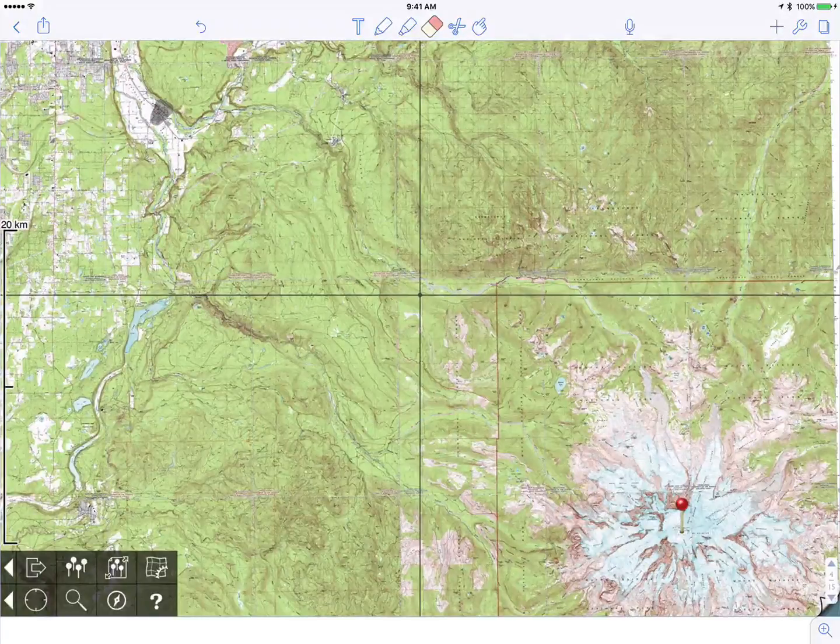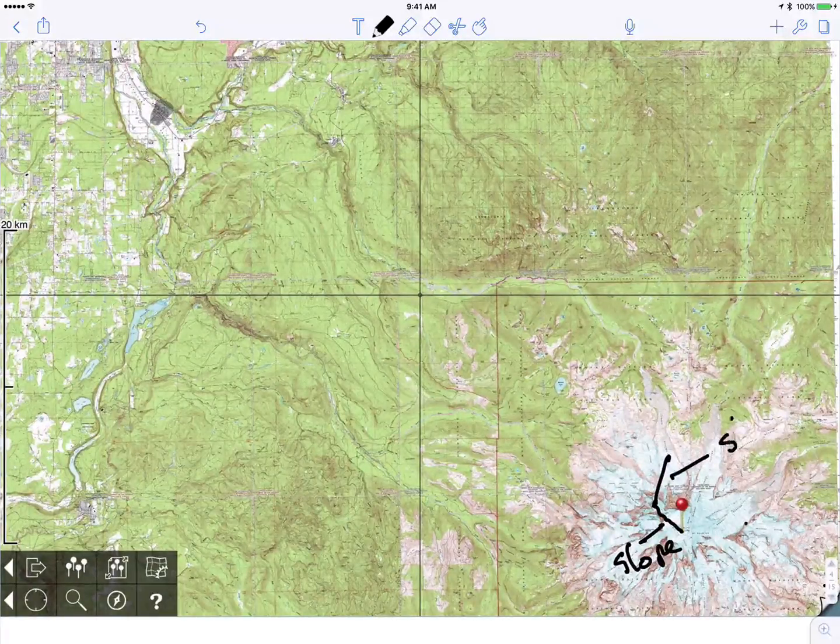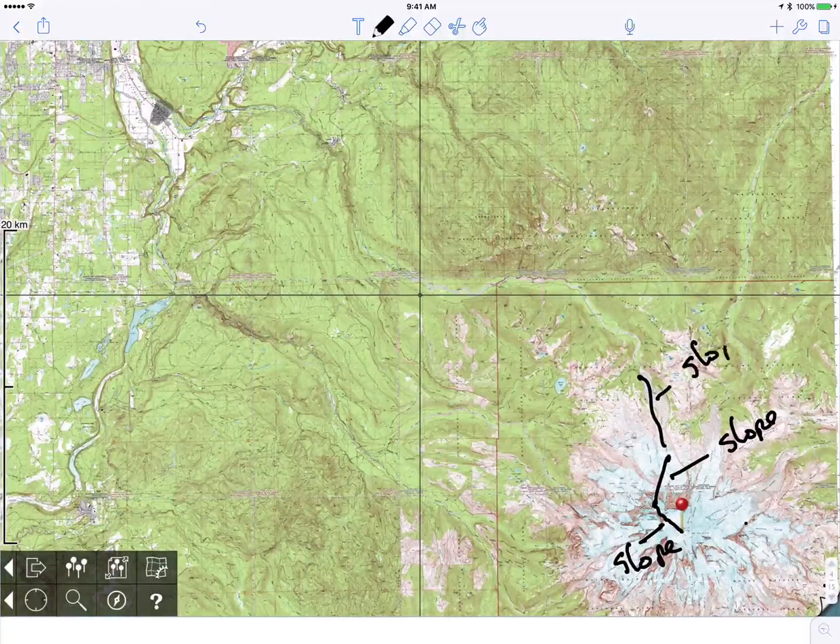We start here, go to a point there, connect those two up, then go to a point here, connect those up, and we would get a slope along that segment, and work our way down.